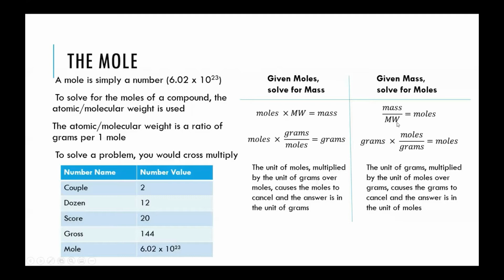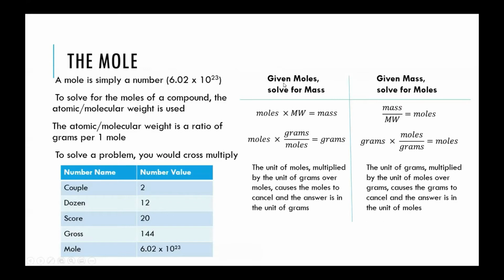If you look at this, the molecular weight is in units of grams per mole. And if you're dividing by that, it's the reciprocal, moles per gram. In this way, grams cancels out and you're left with the unit of moles. The same thing can be true the opposite way.